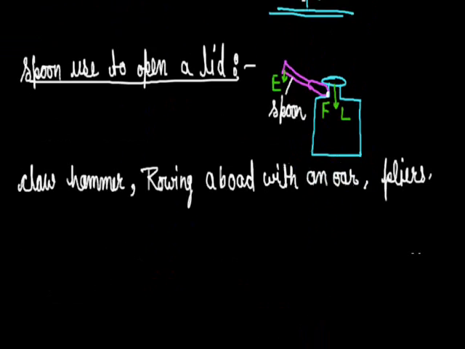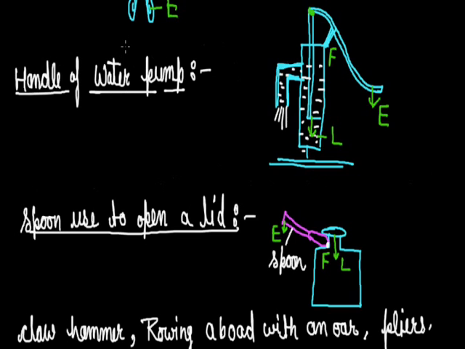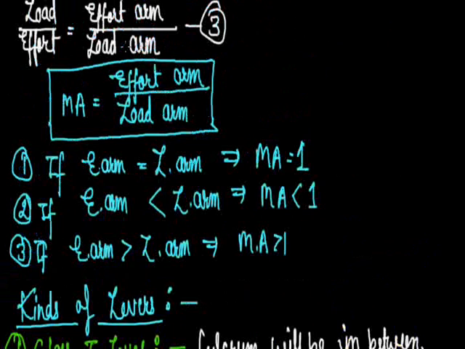Now we will discuss the mechanical advantage of first class lever. As we know, for first class lever the mechanical advantage will be equal to 1, greater than 1, or less than 1. How? As we know, the mechanical advantage for the lever is defined as effort arm upon load arm.